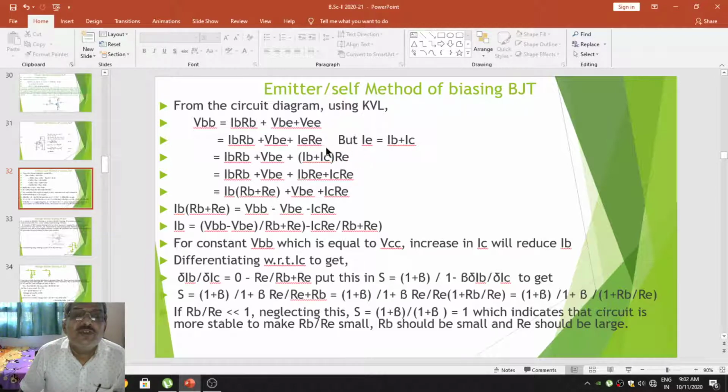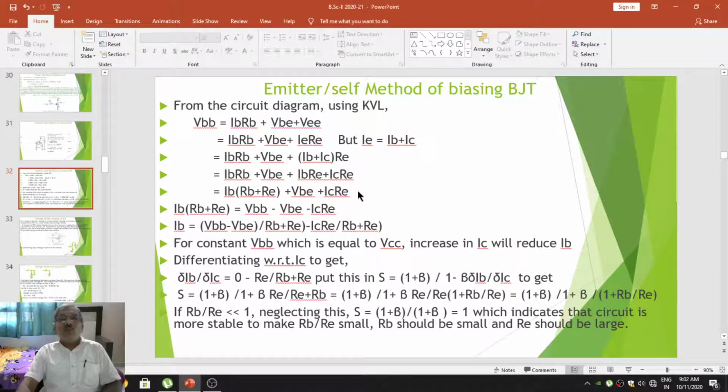Just use the distributive law so that we can get I_B R_B plus V_BE plus I_B R_E plus I_C into R_E. From these two terms, take I_B common so as to get I_B into bracket R_B plus R_E plus V_BE plus I_C into R_E.